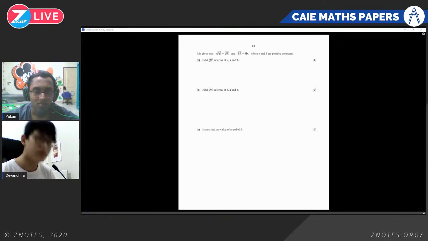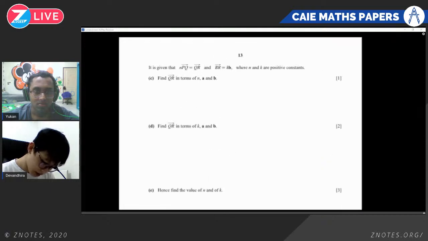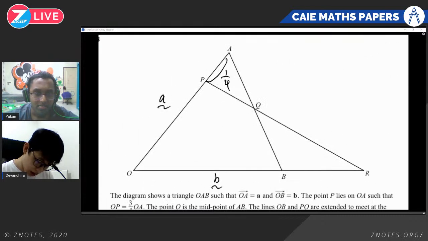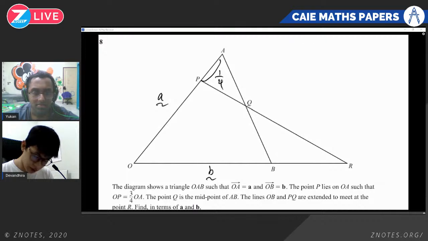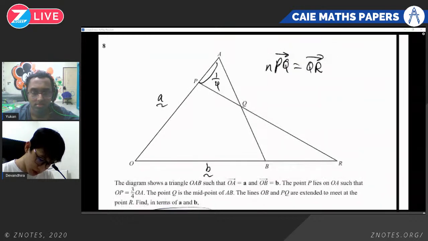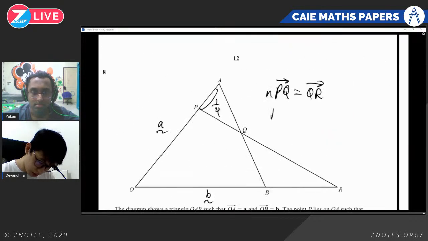Okay, next question. It is given that NPQ is equal to QR and BR is equal to KB, where N and K are positive constants. Find QR in terms of N, A, and B. So I'll write here NPQ is equal to QR. And the other one, BR is equal to KB.